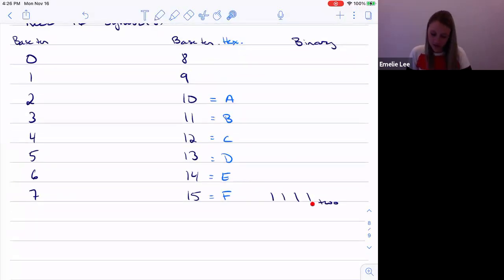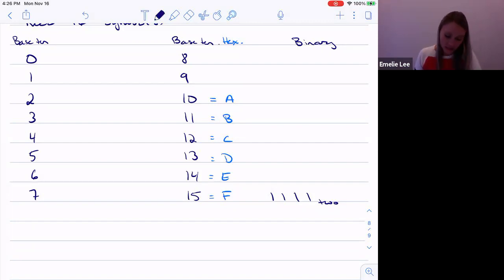Because it's 1 times 2 to the power of 0, that's 1, plus 1 times 2 to the power of 1, so 1 plus 2 plus 4 plus 8. 8 plus 4 plus 2 plus 1, 15.